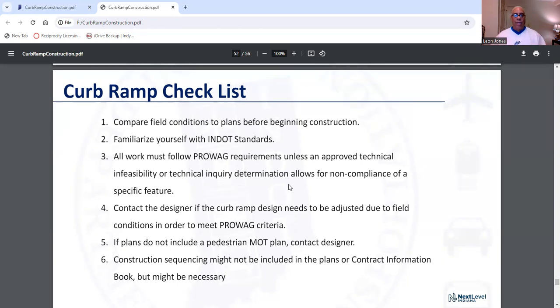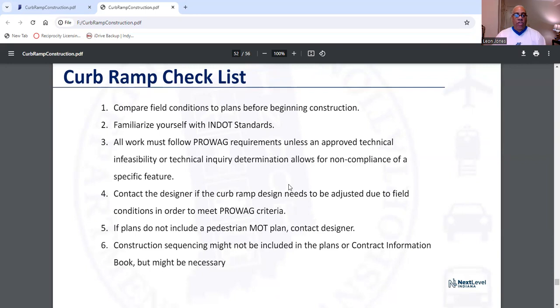If the plans do not show a pedestrian MOT plan, contact the designer and find out why. Construction sequencing might not be included in the plans or contract information book, but might be necessary. That's when your contractors see what they're going to do about that, their schedule.